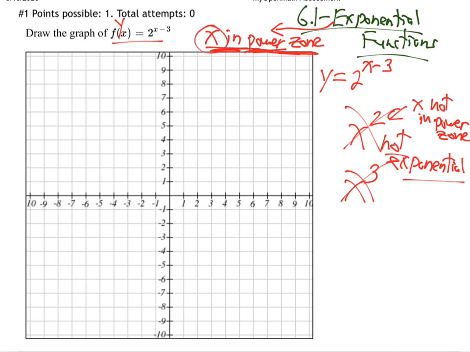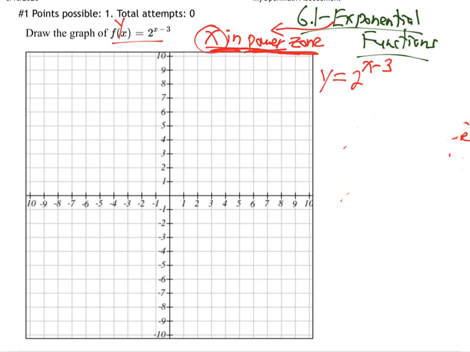Only when x is in the power zone is it called an exponential function. So this is an exponential function because x is in the power zone. That's what this section 6.1 is all about.